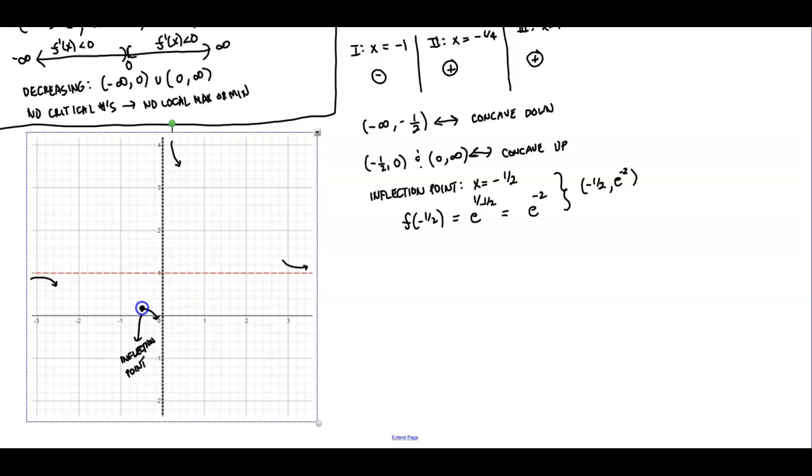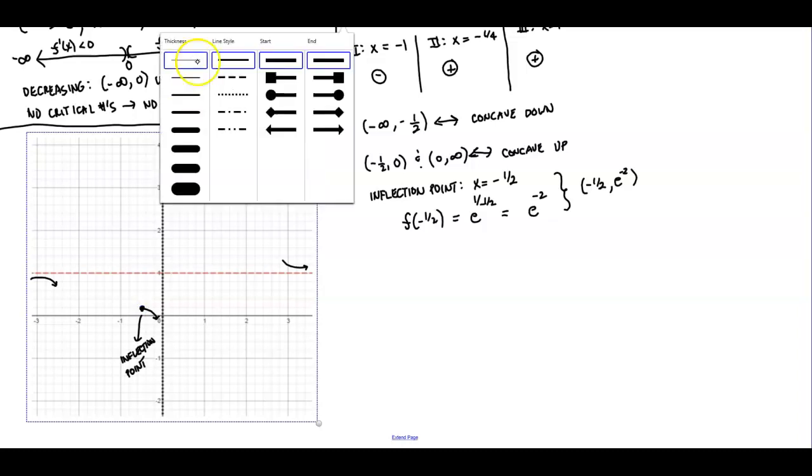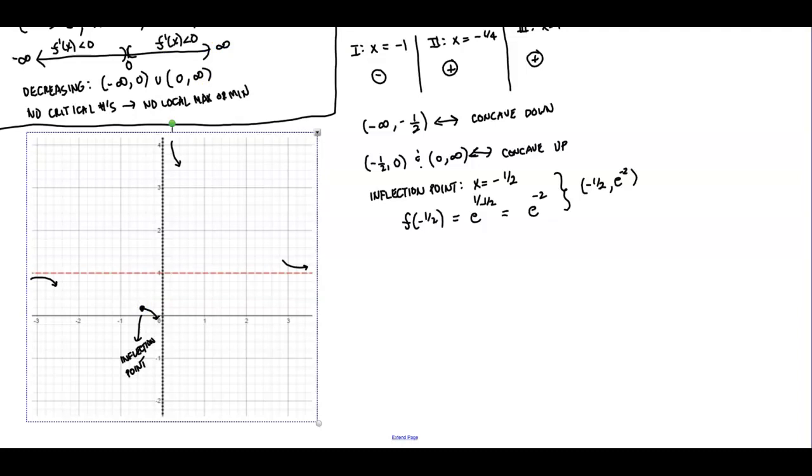So what that means is we then have a graph that's going to look like the following. We have a graph going in this direction, and then we have this graph going in that direction. Okay, so let's go ahead and graph that.